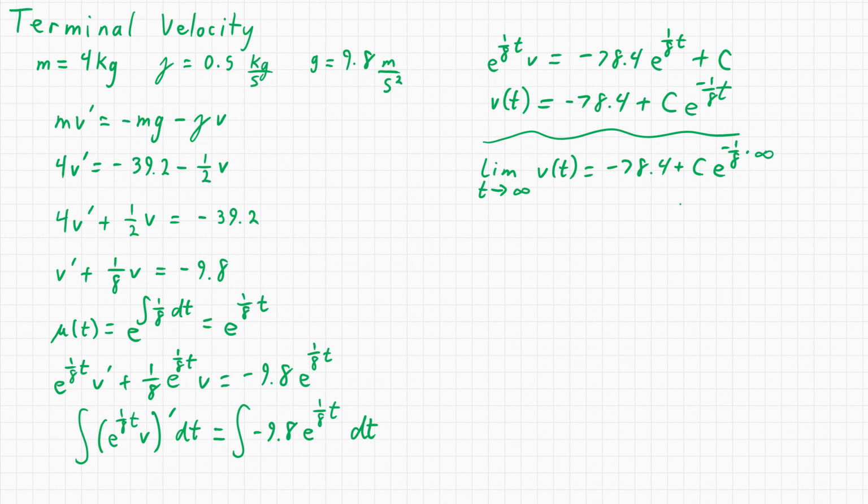Well, it's e to the negative infinity essentially, and e to the negative infinity is like 0. So then the limit here should be negative 78.4, which is the same answer you get if you use a direction field or you just solve for v prime equal to 0. And again, if we all worked this out, it ends up being negative mg over gamma.